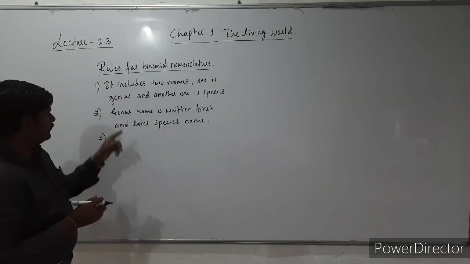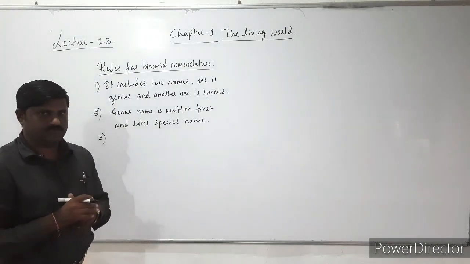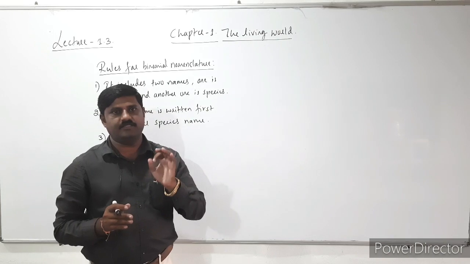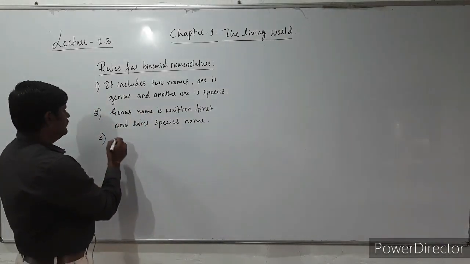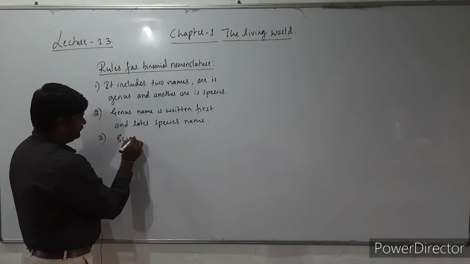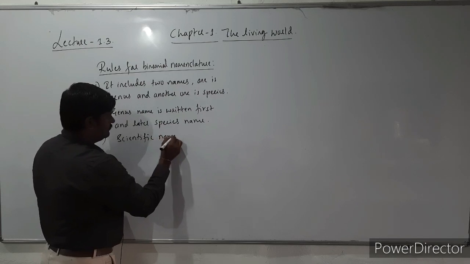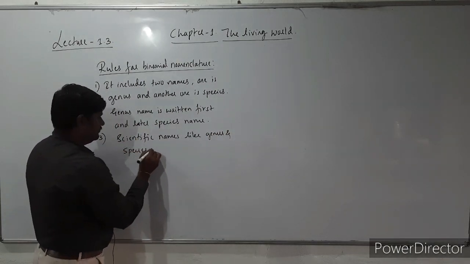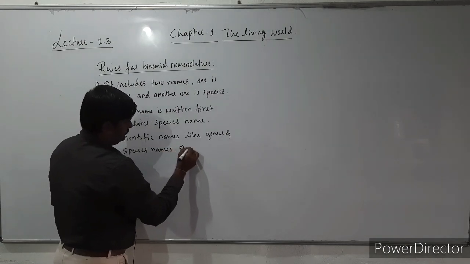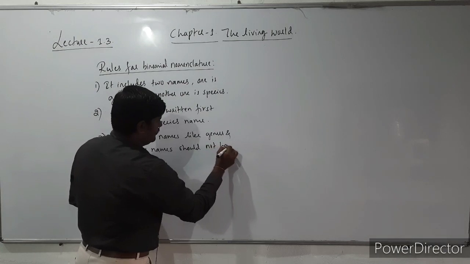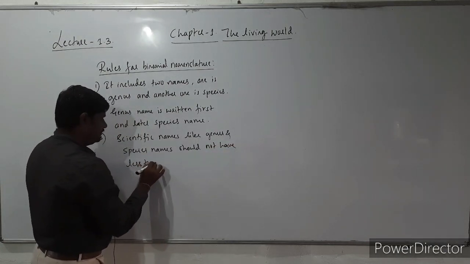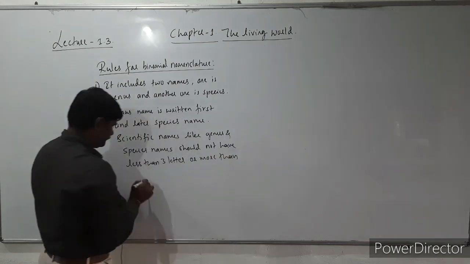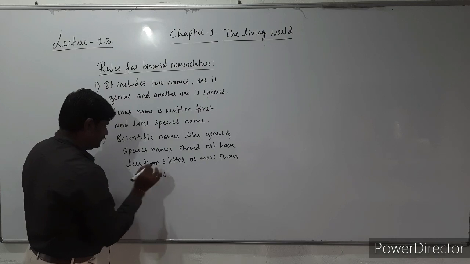And third rule, both the genus and species names should not have less than 3 letters and should not exceed more than 12 letters, right?